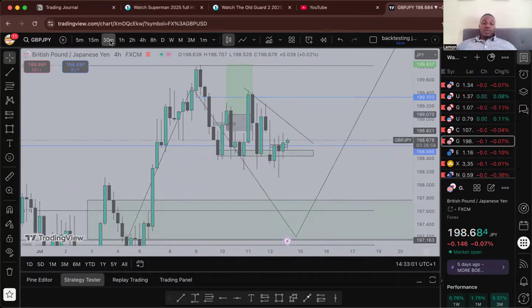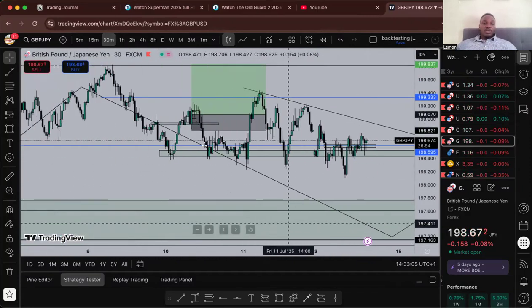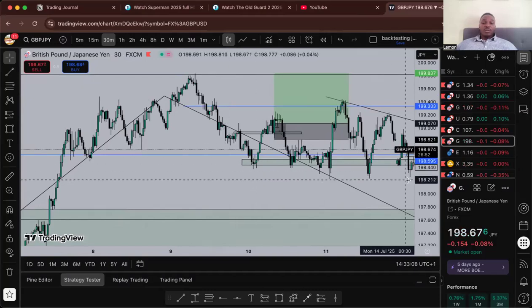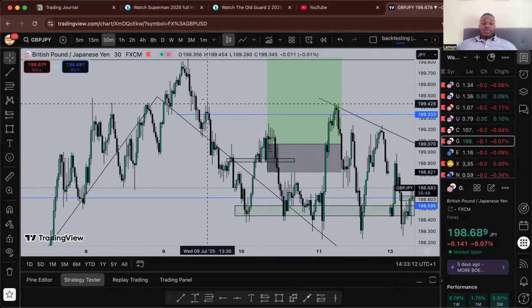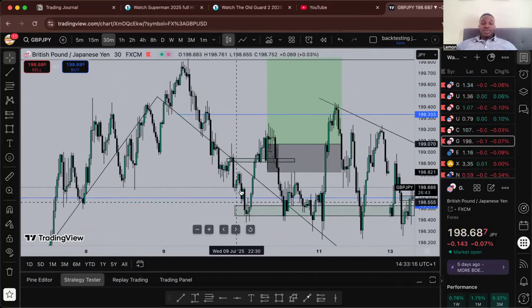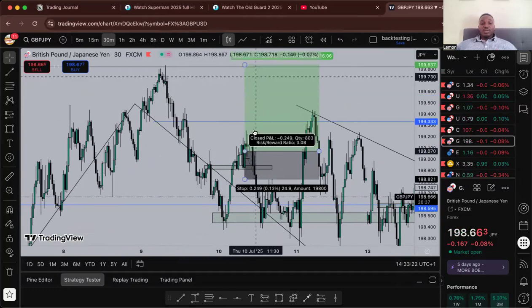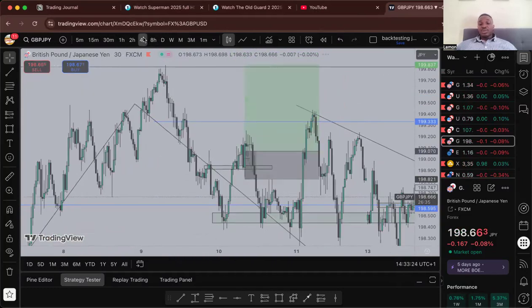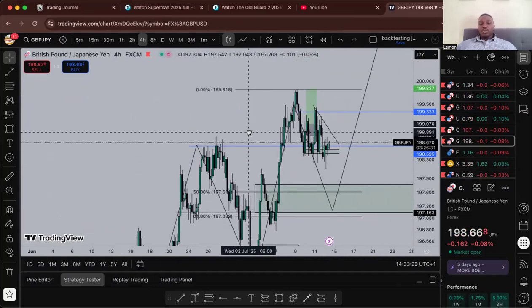So if we go to our 30, you can see the shift in momentum at the zone. Lower lows, lower highs, lower lows, lower highs. We broke our last lower high, came back down to retest it here before we wanted to take the price higher. So that was our last week trade, and unfortunately it did not go as planned.